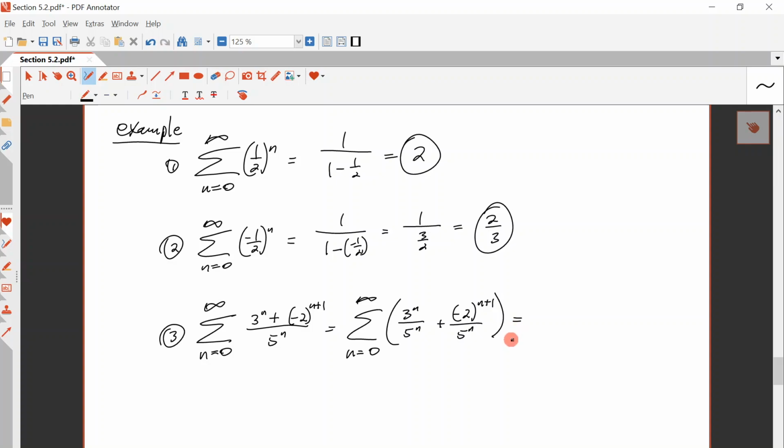So this is equal to the sum from n equals 0 to infinity of 3 to the n over 5 to the n, well, that's 3/5 to the n, plus, let's factor out a minus 2.